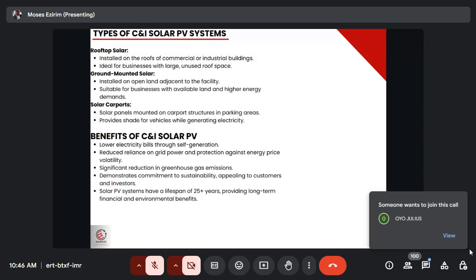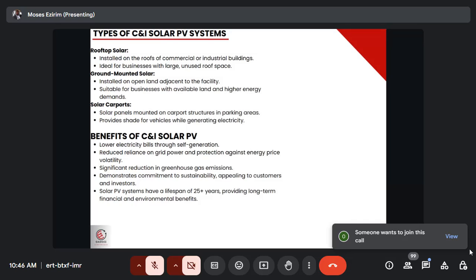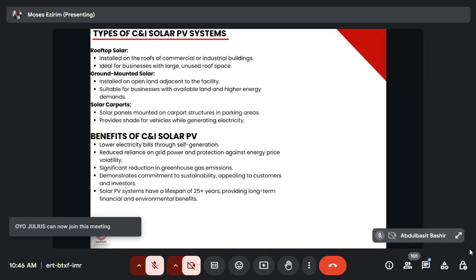A lot of innovations are coming on. People are being creative now. There is one design that I did for a particular client. I just want to hint you about it, to show you the creative part of C&I. It's actually a C&I, a supermarket.